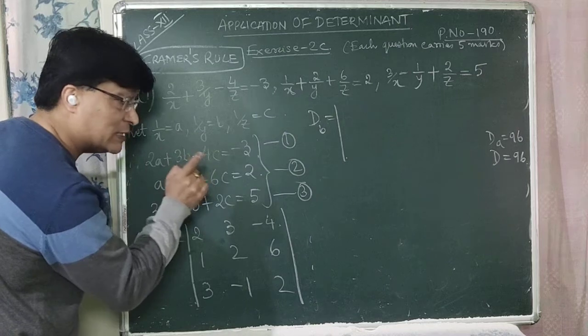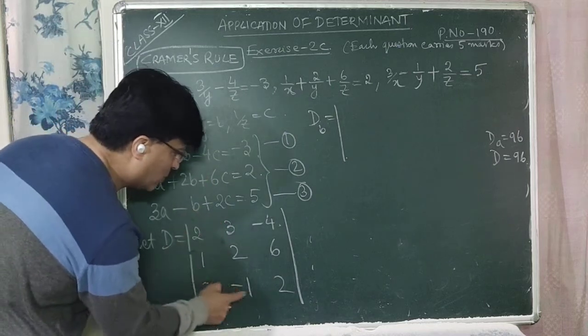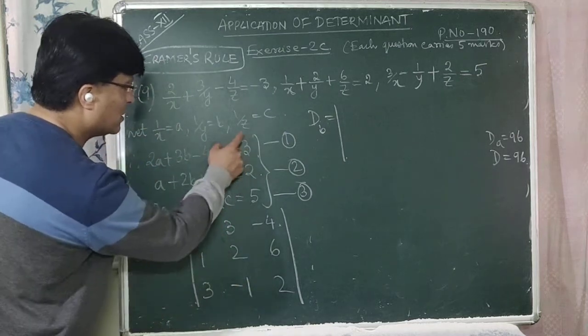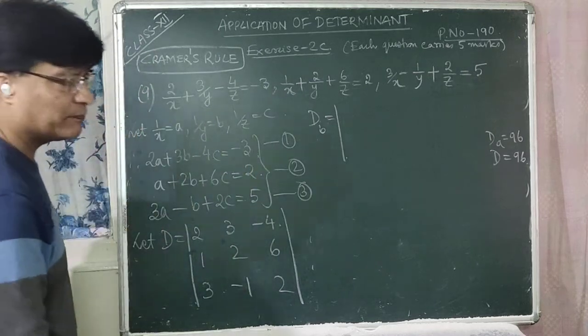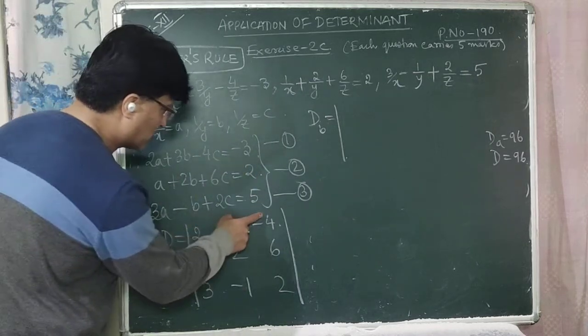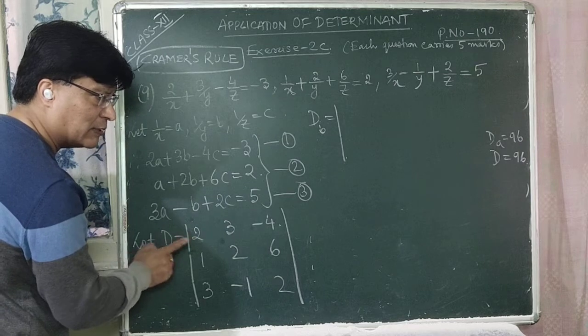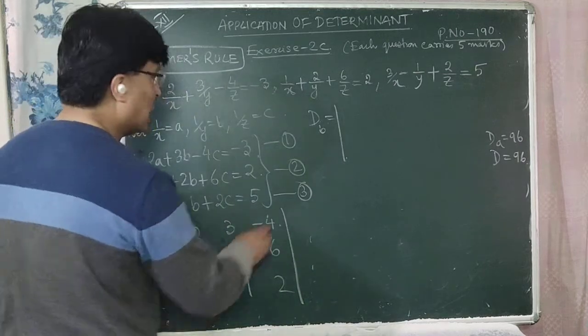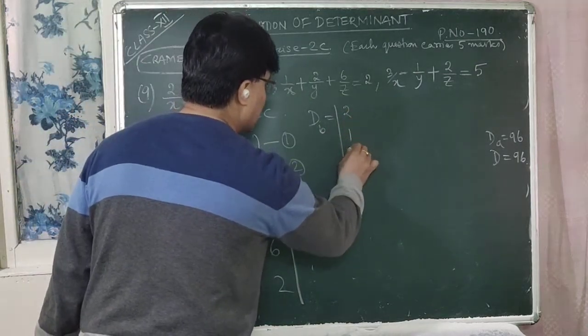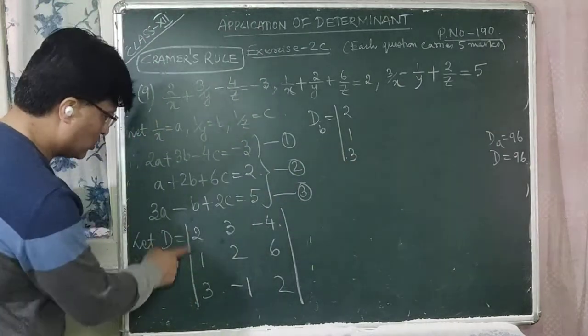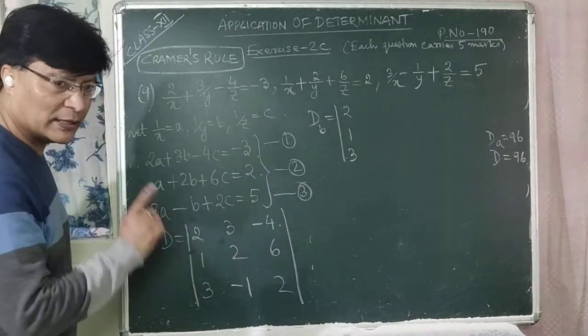Now, in the determinant dB, this second column is replaced by what? This constant. And first column and the third column in determinant D remain same, right? Now it is 2, 1, 3. That is, first column remains same, 2, 1, 3 in determinant dB.